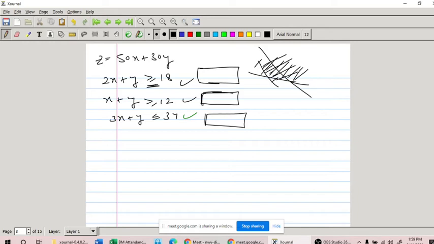Then you will try to determine the corner points coordinates, and you try to fit all those coordinates in the objective function, and then you will get your values. So all the questions in this particular chapter are about this.